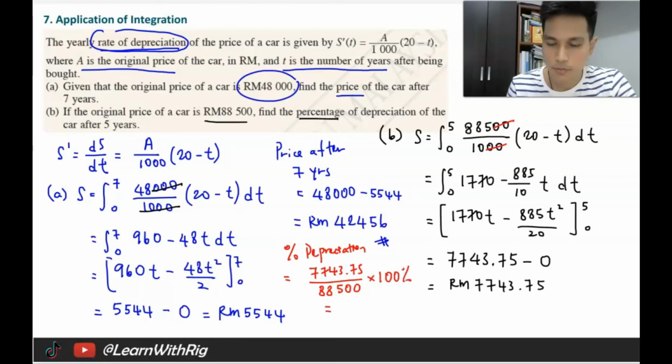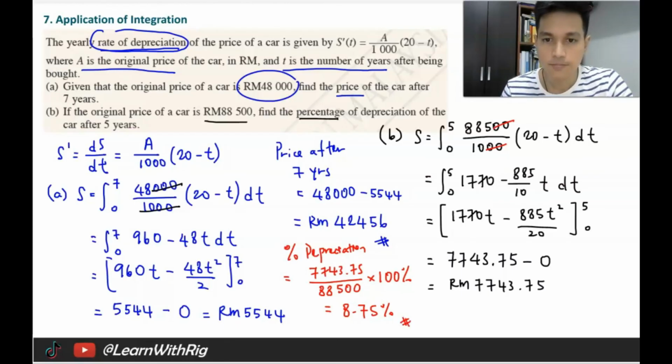So your answer should be 8.75%. That means in 5 years, 8.75% of the value of the car is gone through depreciation. So you lost 8.75% in the 5 years because of depreciation. So this is your answer.